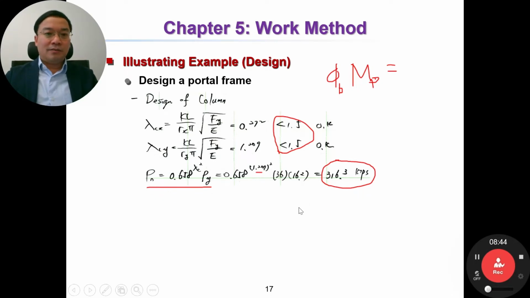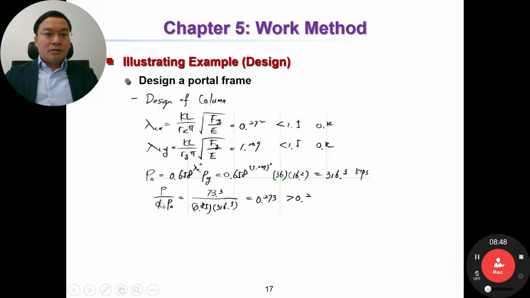And what else? P over phi c Pn. Because of the column, we have 0.85. Then Pn is just here, and P is the axial force in the column.